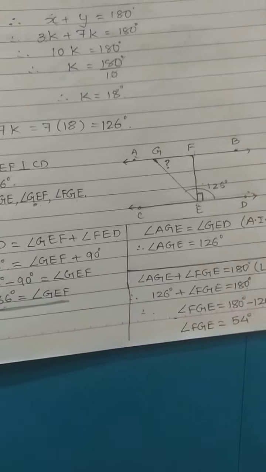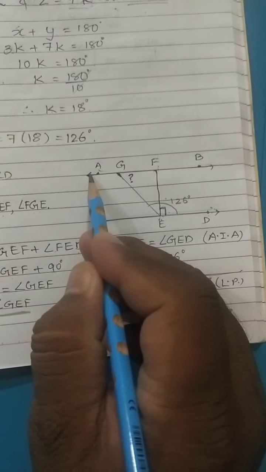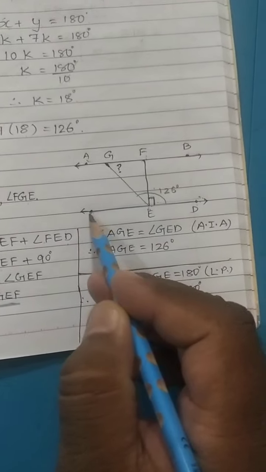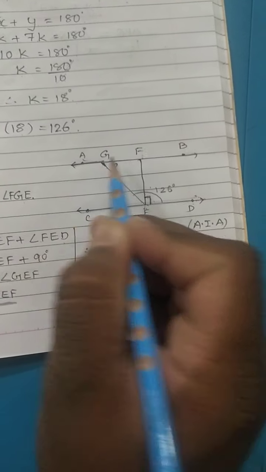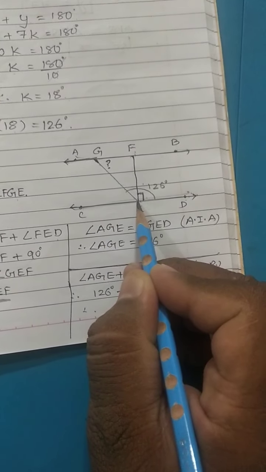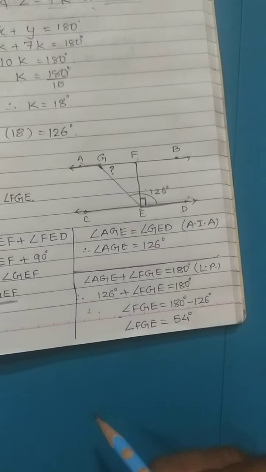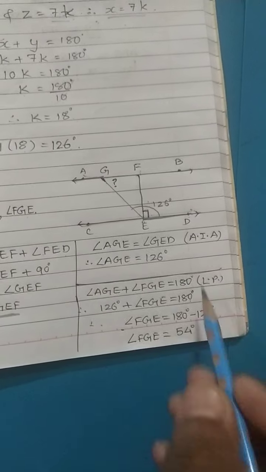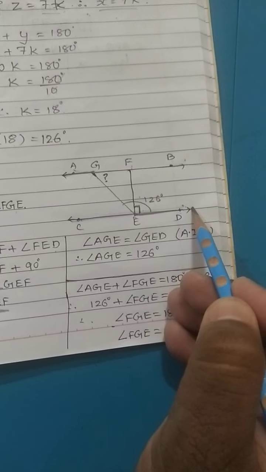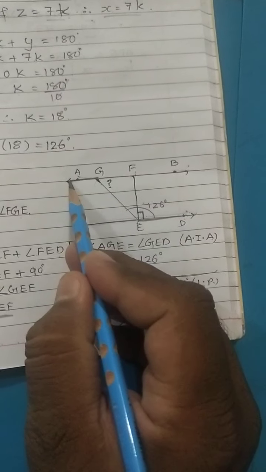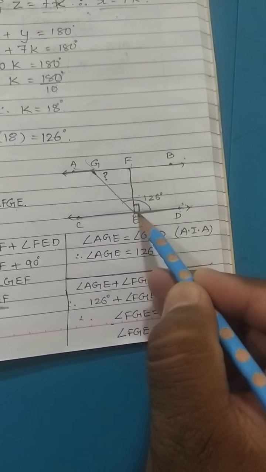Right? Okay. Now see, AB is parallel to CD, so we can also say AG is parallel to ED. Right? Because AG is a part of AB and ED is a part of CD. And GE is the transversal here.